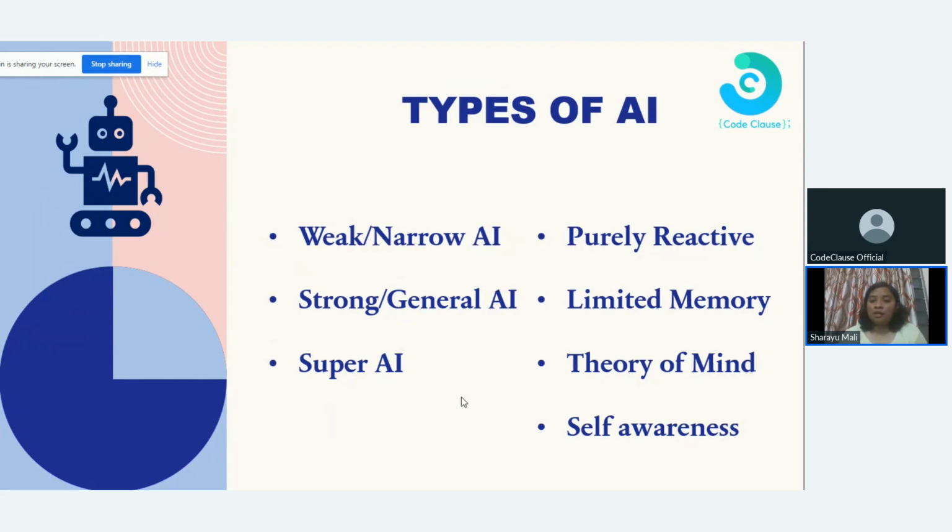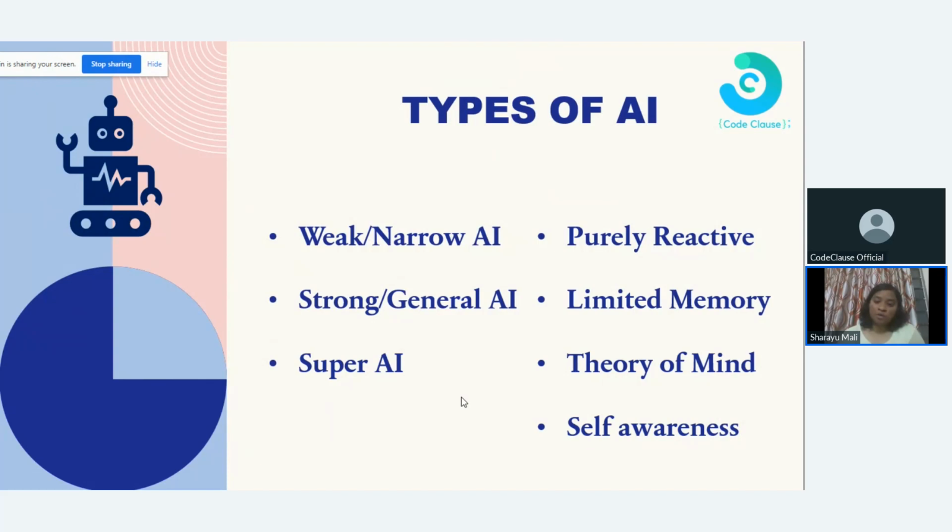For example, an AI-based chess playing agent only takes into consideration the current situation on the chessboard to decide its next move. It does not store each and every move that it has made in the past.